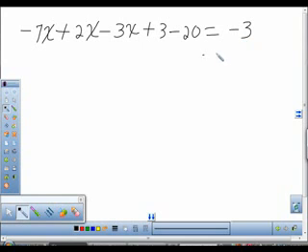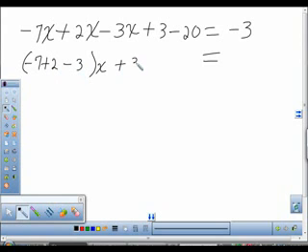What you can do over here is where the x's are, put a parenthesis, and in that parenthesis, put the numbers that are in front of the x. We've got a -7, we've got a +2, take the symbol with it, and a -3. Did I get all my x's there? And then I've got a +3 and a -20.